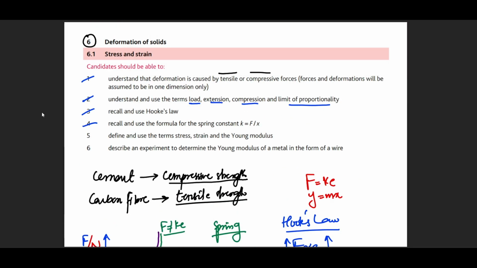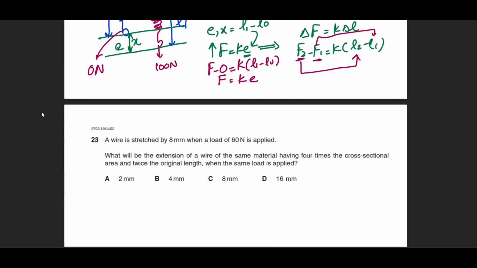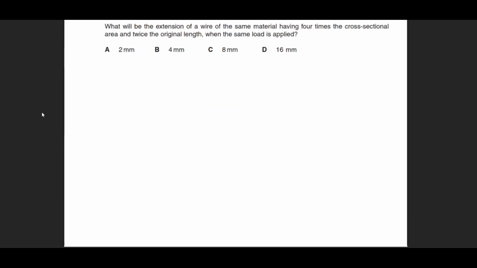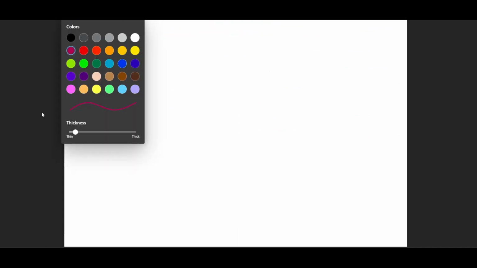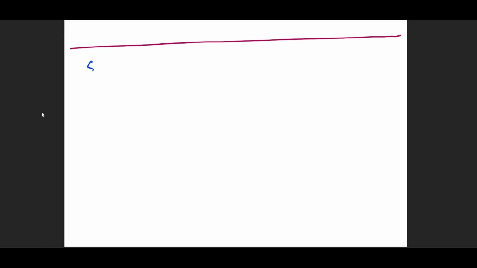Now let's move towards stress, strain, and Young modulus. Stress, simply put, is force per unit area. What does this quantity tell you? If you inspect it, this is actually a unit of pressure, which is newtons per meter squared.